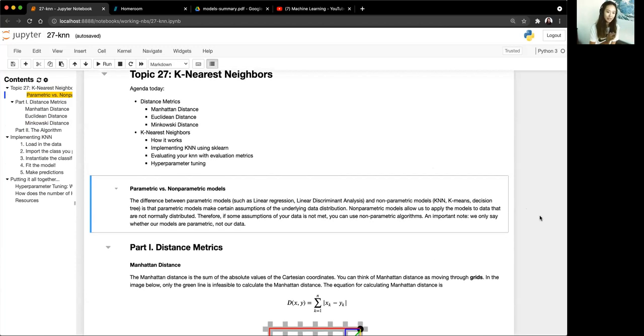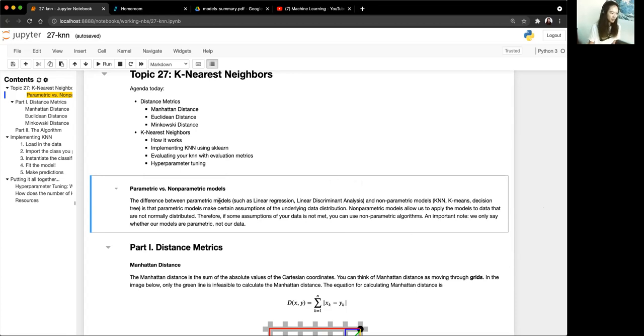When we talked about linear and logistic regression, these are the only two models that we've spoken about so far. These are both parametric models, mainly because there were underlying assumptions that our data needed to fulfill in order for our models to perform consistently and reliably.